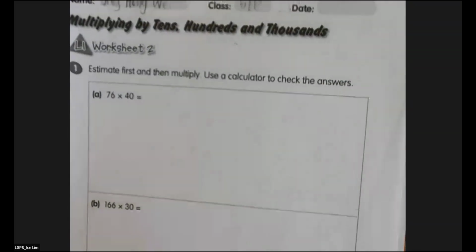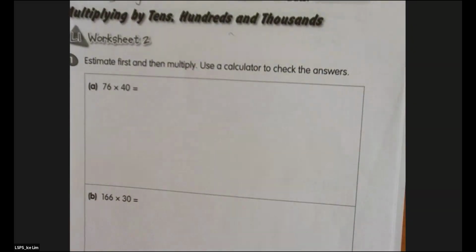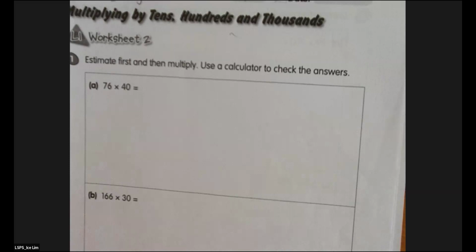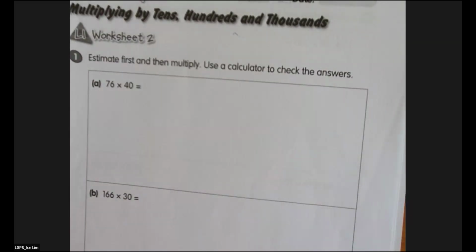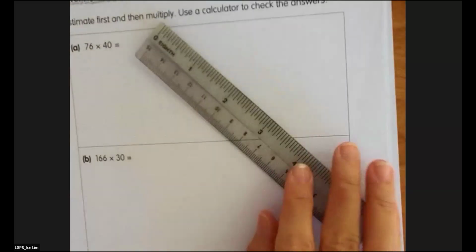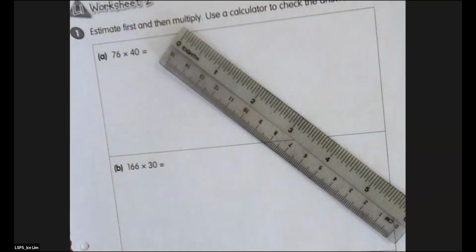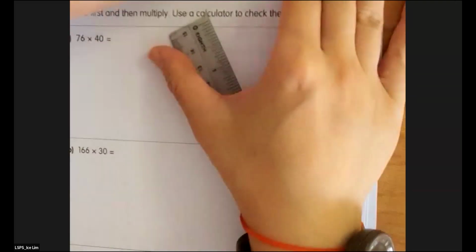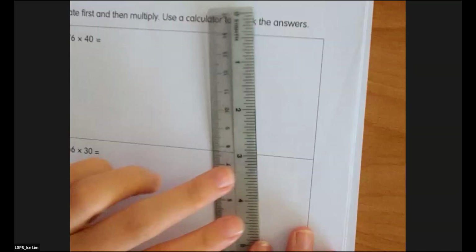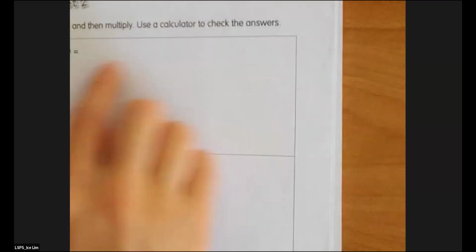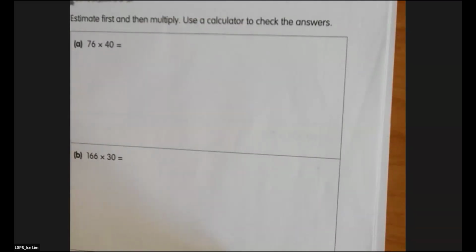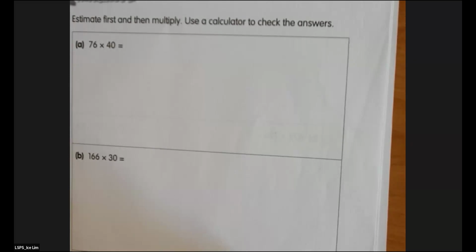Page 21. Page 21, I'm going to ask you to take out a ruler. And if you need a ruler, I have plenty here to spare. Just make sure you return it after. Okay, here I'm going to ask you to take this ruler and split the space into three parts.